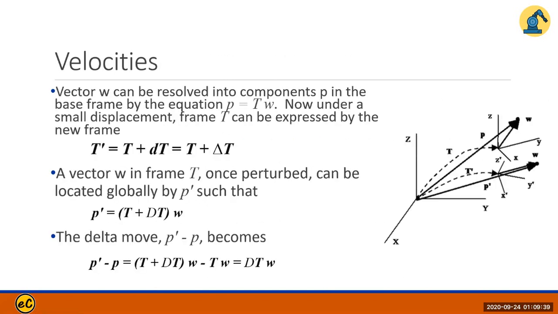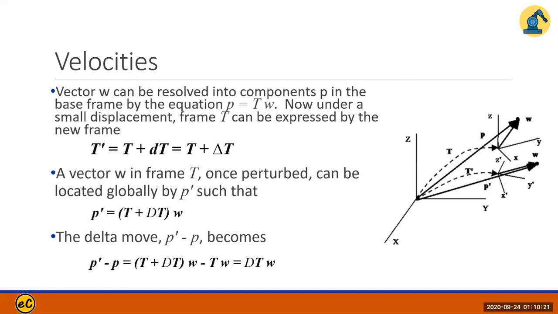If we have P and Q and we change, here you can derive the delta move equals P prime minus P, which equals T plus dT times W minus T times W, so that becomes dT. So dT will be the delta move matrix, and W is the point with respect to the original frame F1, the original frame we are observing. So P equals T W.